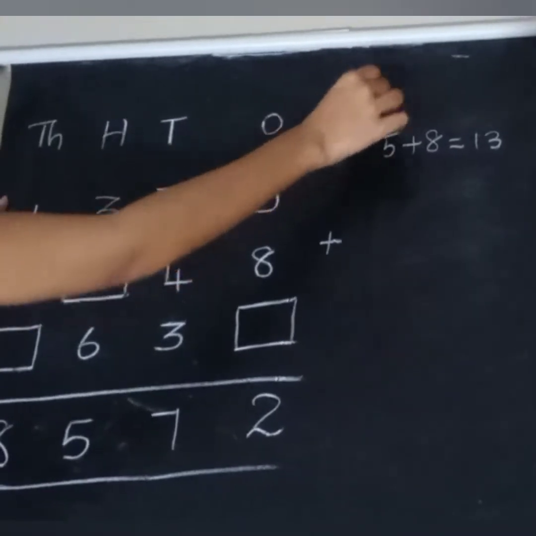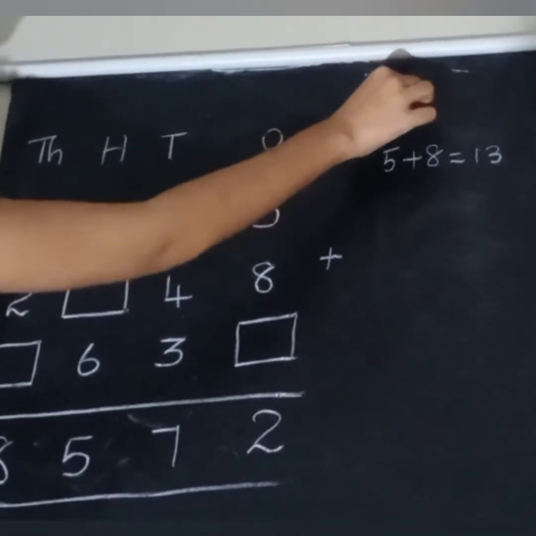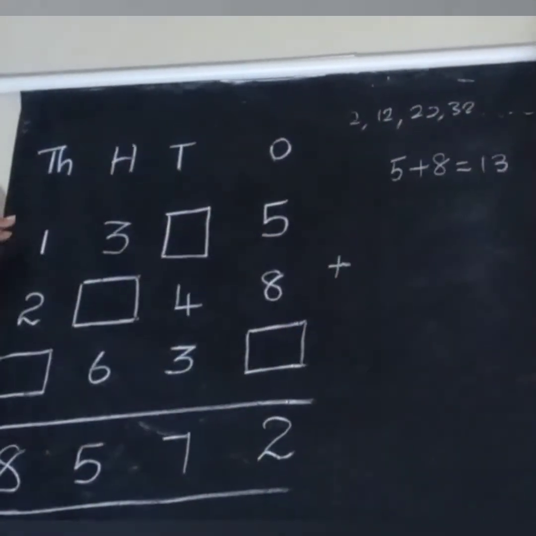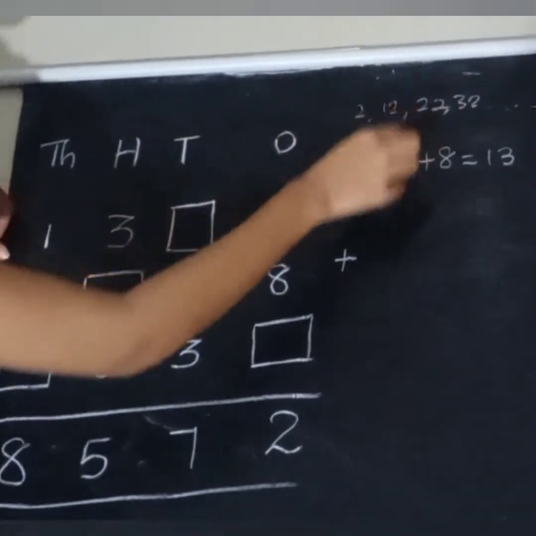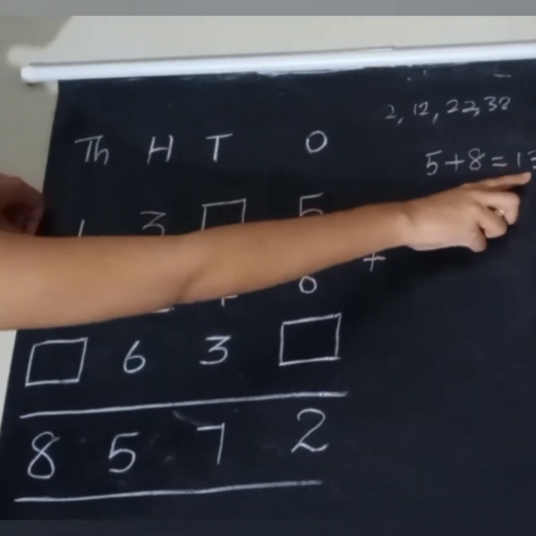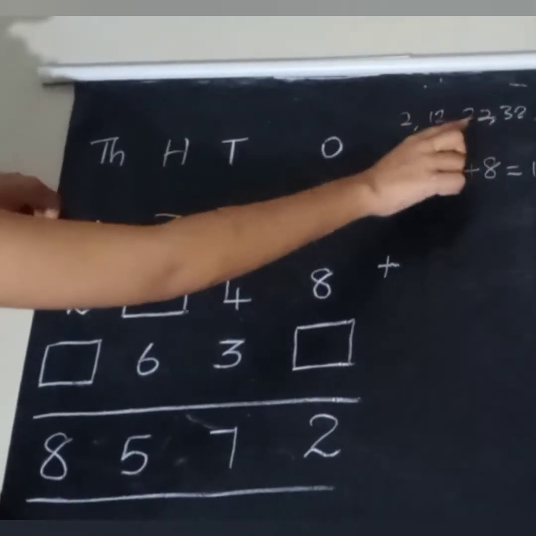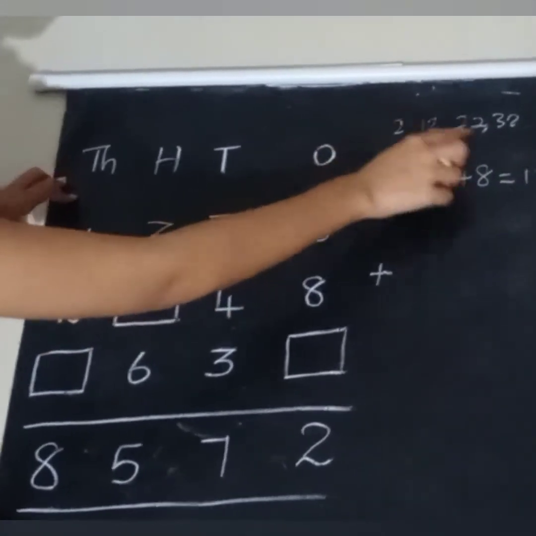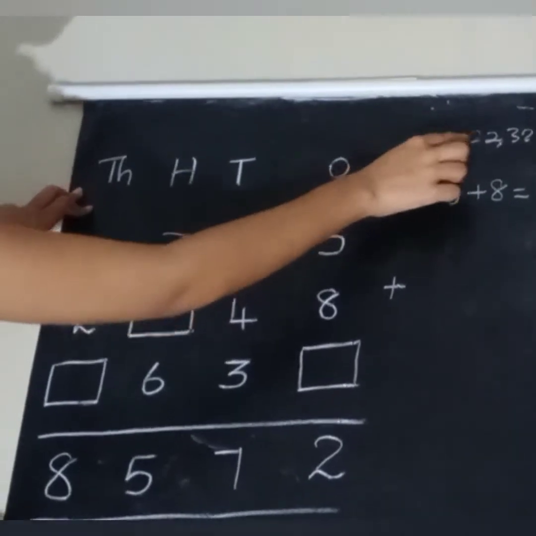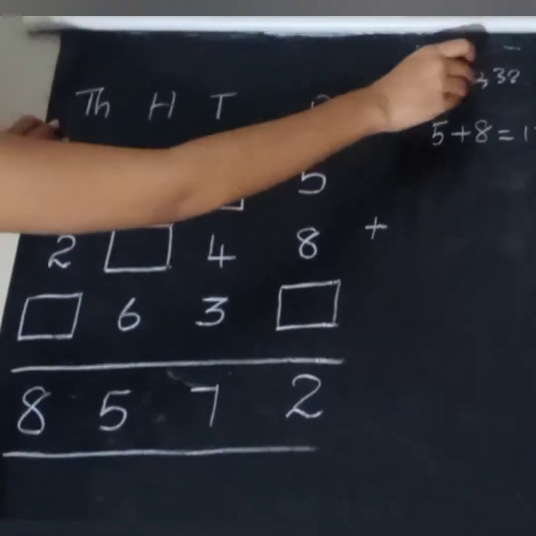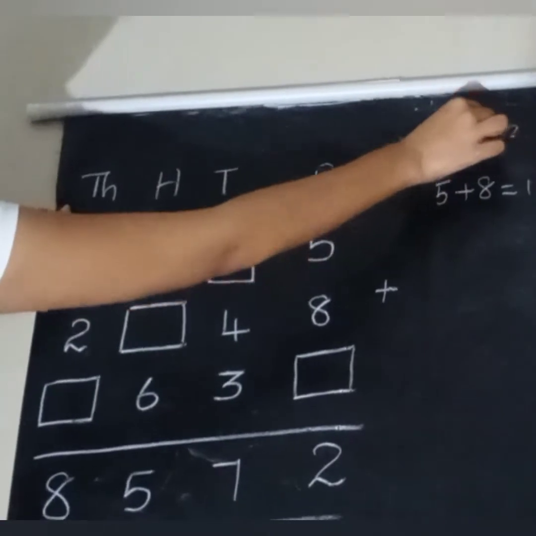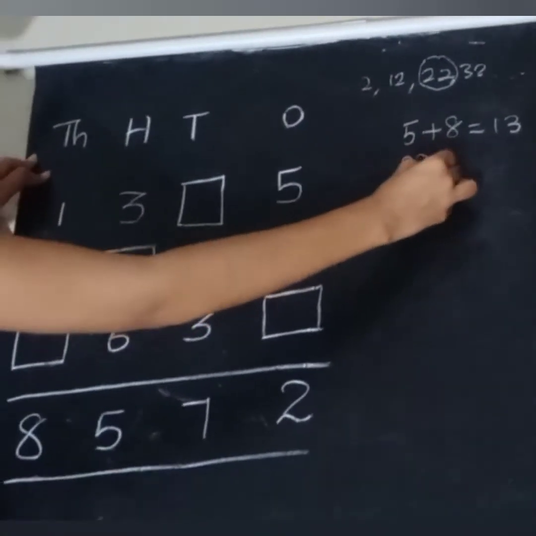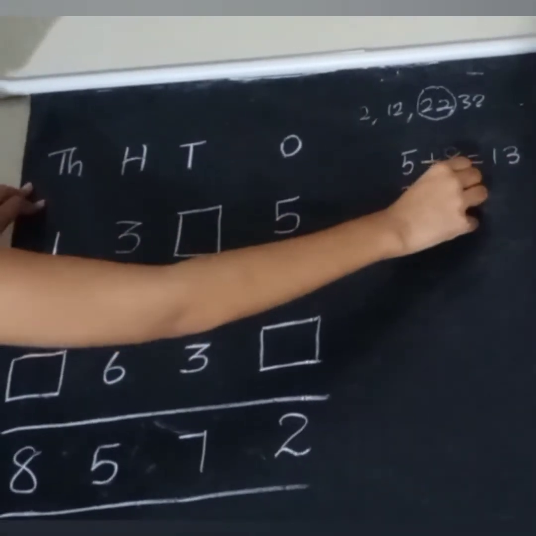What are they? 2, 12, 22, 32, etc. Now you have to compare these numbers with 13, one by one. 2 is less than 13, 12 is less than 13, and 22 is greater than 13. So you have to select 22. Actually 32 is also greater than 13, but you have to select the first greatest number. So we are selecting 22.